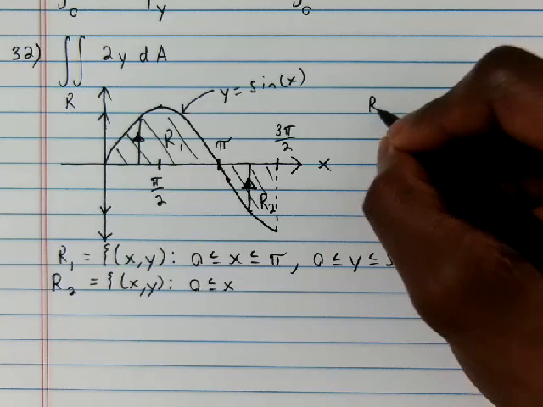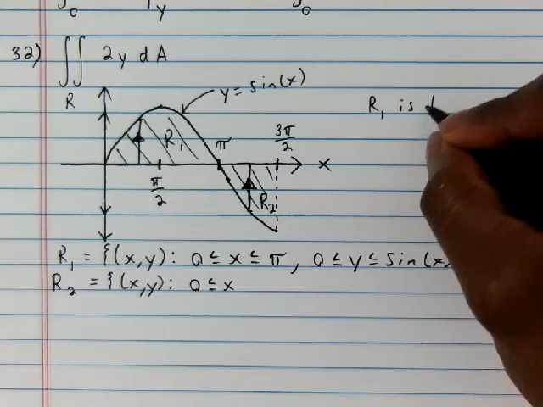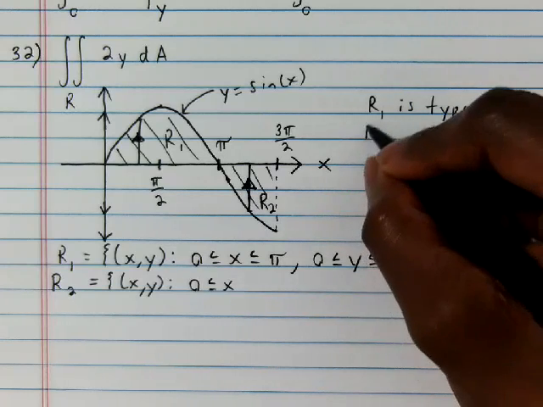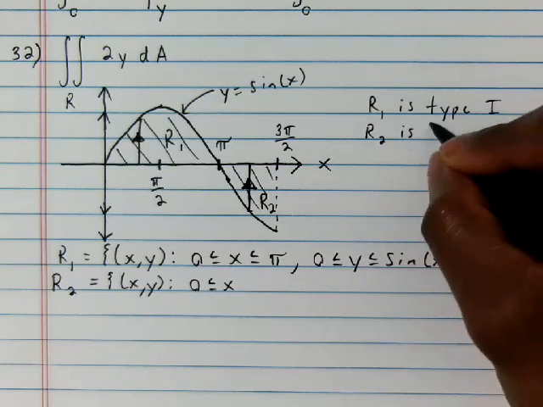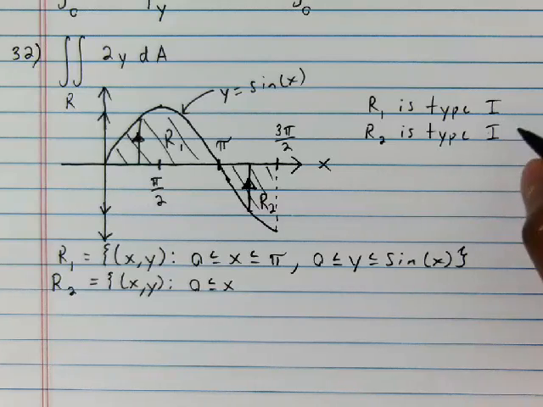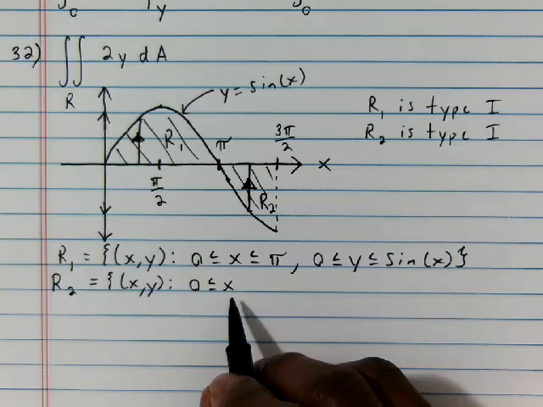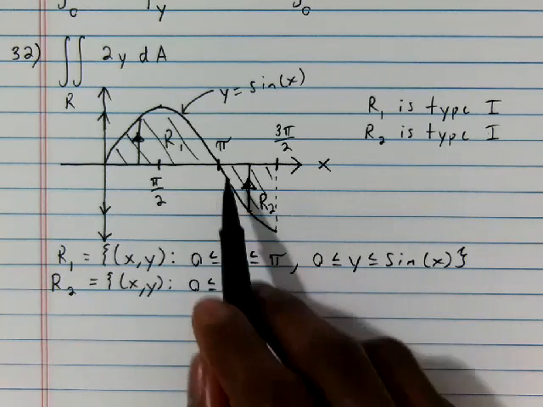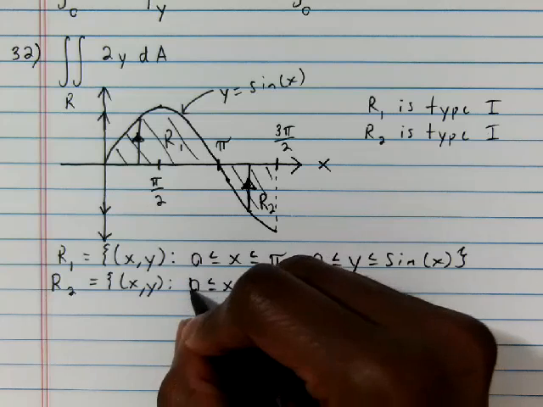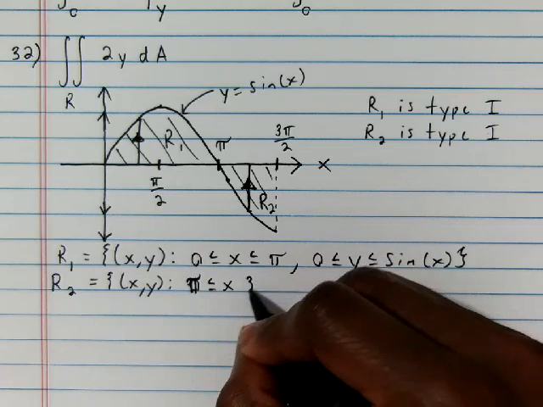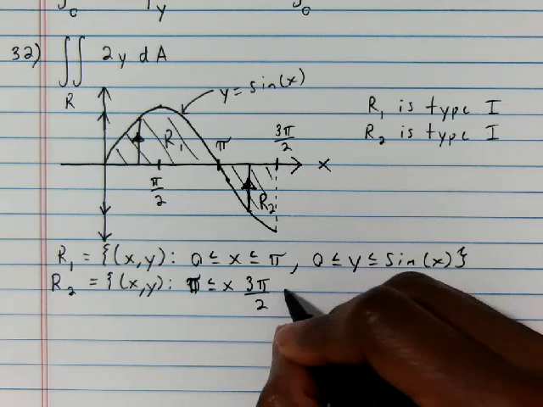R1 is type 1, R2 is type 1. All right, sorry, where was x? Oops, that was not 0, that was supposed to be pi. Yeah, that was supposed to be pi to 3 pi over 2.